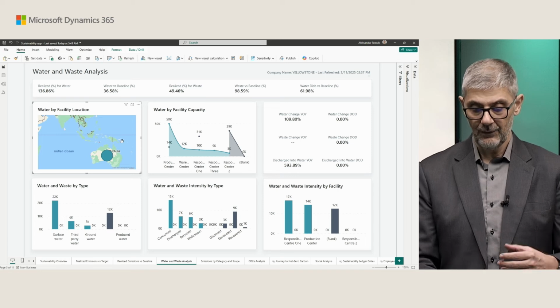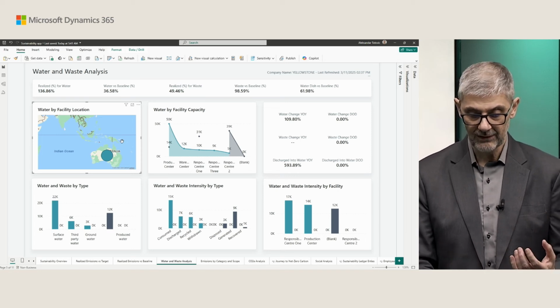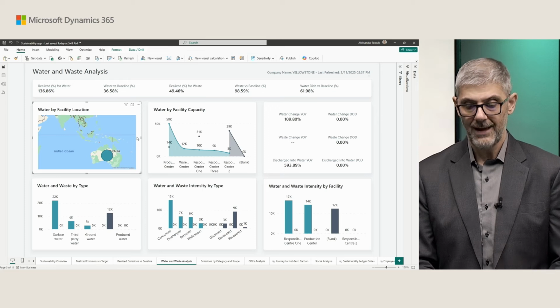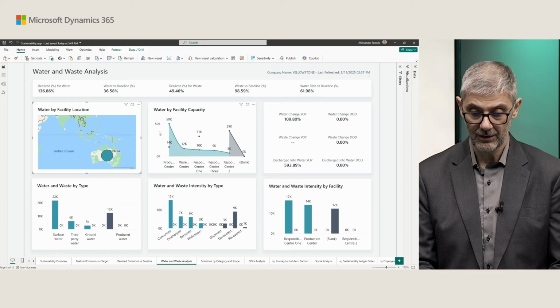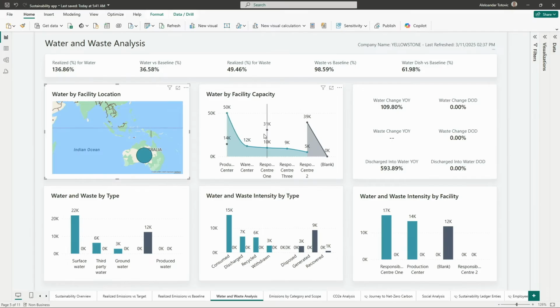If you watched the session about water and waste management, maybe you already noticed that we have a responsibility center as facility operations, so you can track your water intensity against your facility capacities. Then again, you have water change year over year, waste change year over year, water and waste intensity by facility, water and waste intensity by type, all these details here.